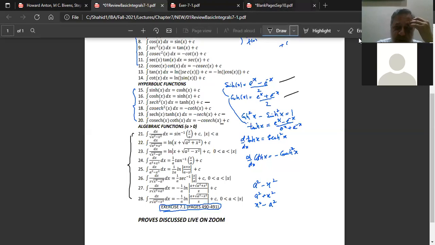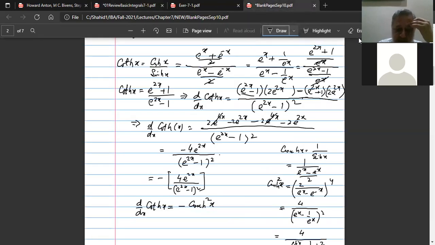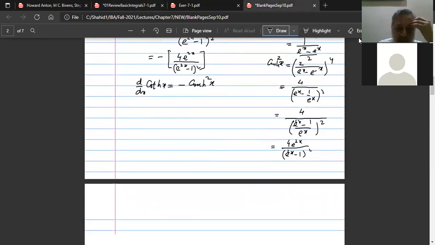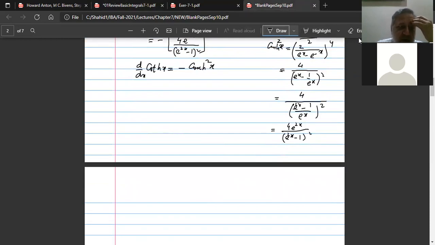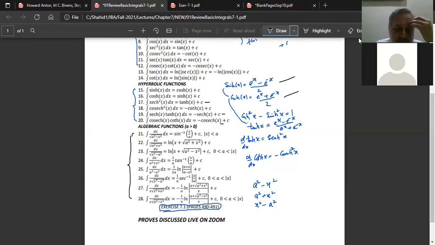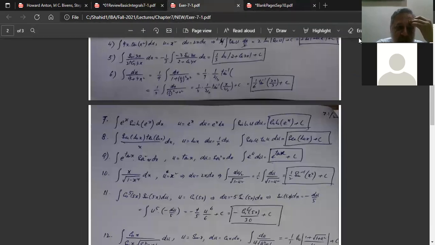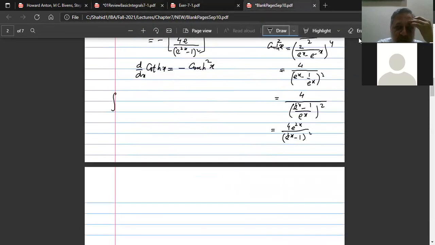For example, I need to work out the integral dx upon square root of a constant square minus a variable square. I want to find out what this is.